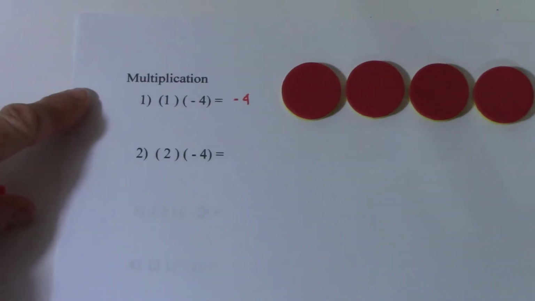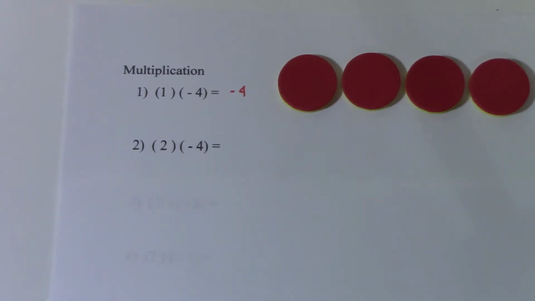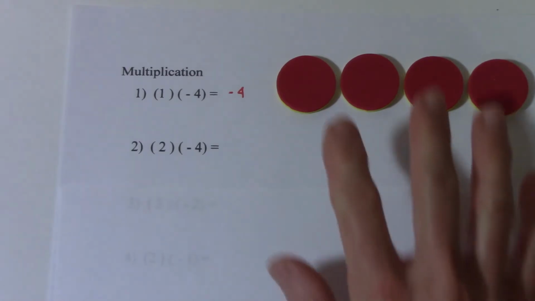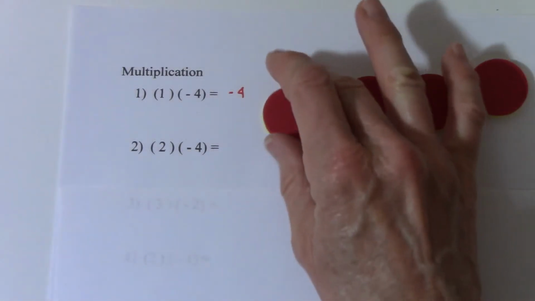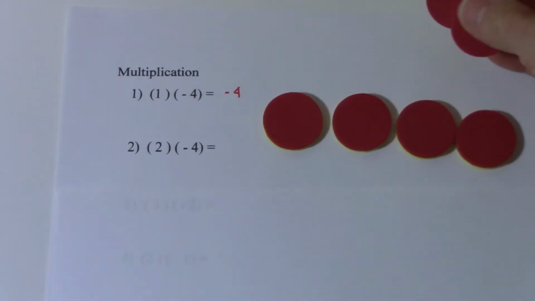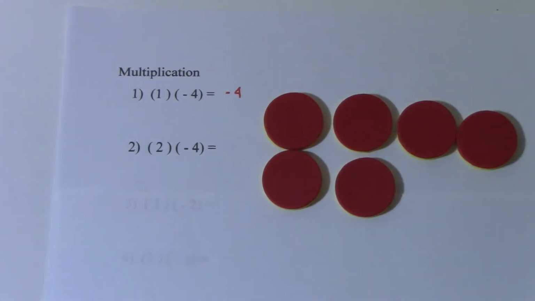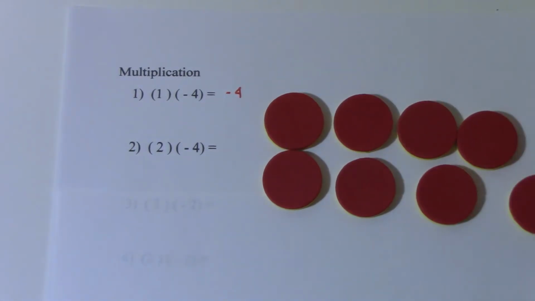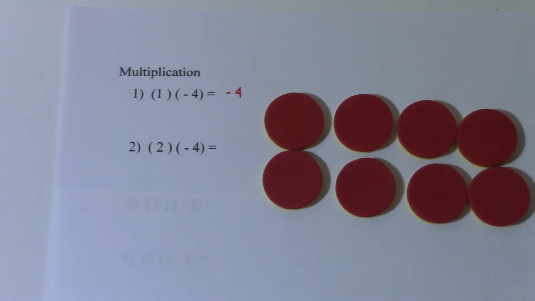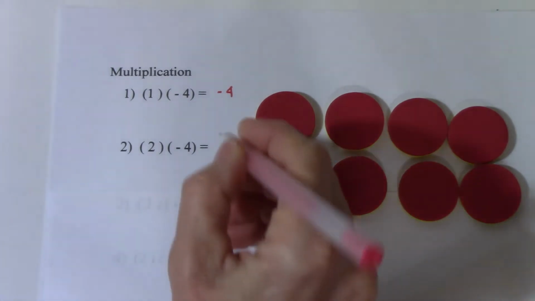In the next example, I have 2 times negative 4, or 2 groups of negative 4. So just slide these down. There's 4. And I need another group of negative 4. So this gives me negative 8. I have 2 groups of negative 4, which gives me a total of negative 8.